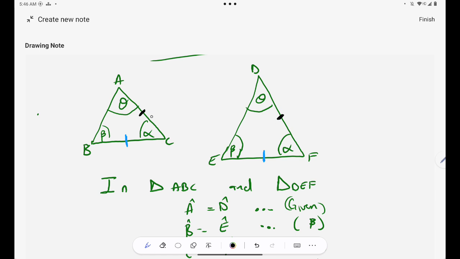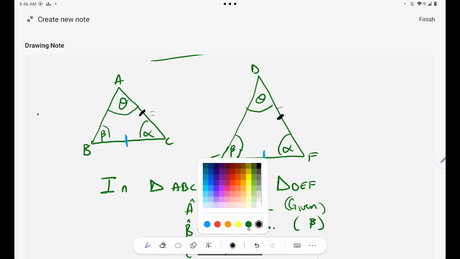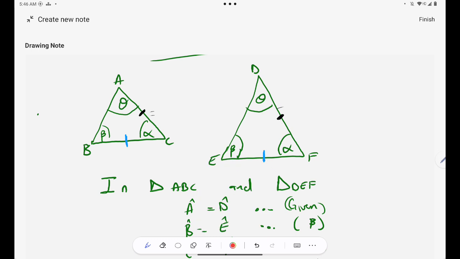Because both of these sides, they subtend angle beta. And I'm also expecting side AB to be in the same proportion as side DE. Why? Because they subtend angle alpha. So I'm expecting those two sides to be at the same proportion.